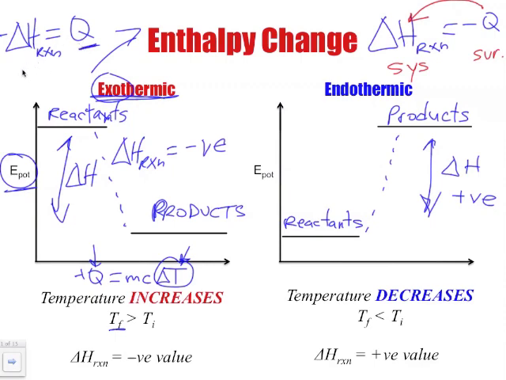Now here is the system, and here are the surroundings. The system is giving up heat to the surroundings, hence the negative value. It's a negative value because it's giving up that heat.